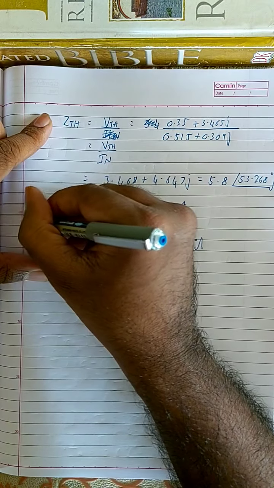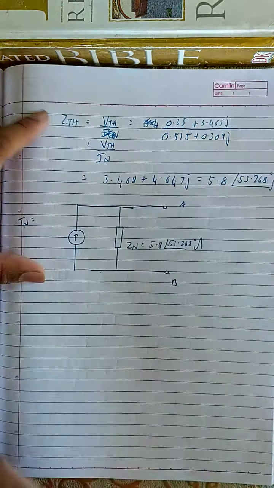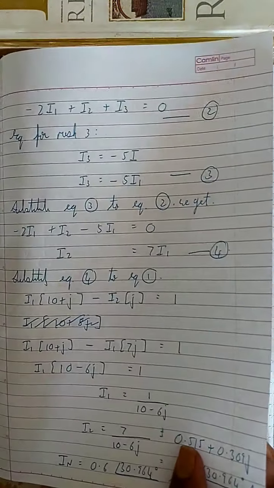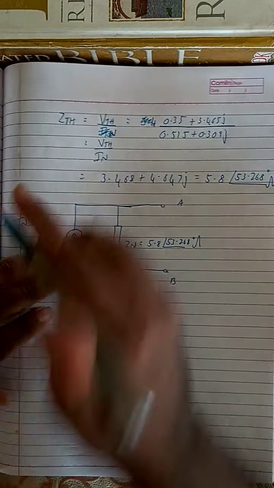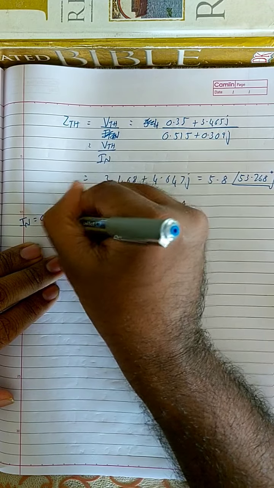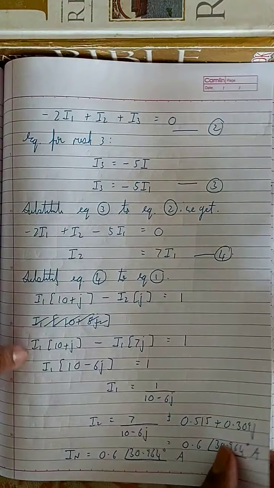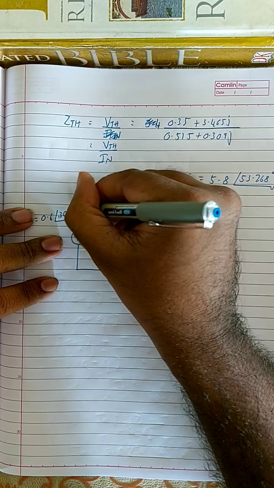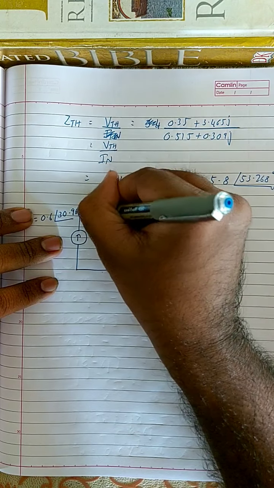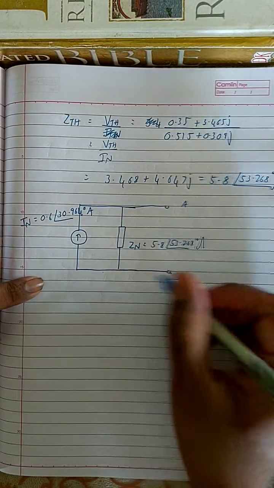And IN is 0.6 angle 30.964 degrees amperes. This is the Norton's equivalent.